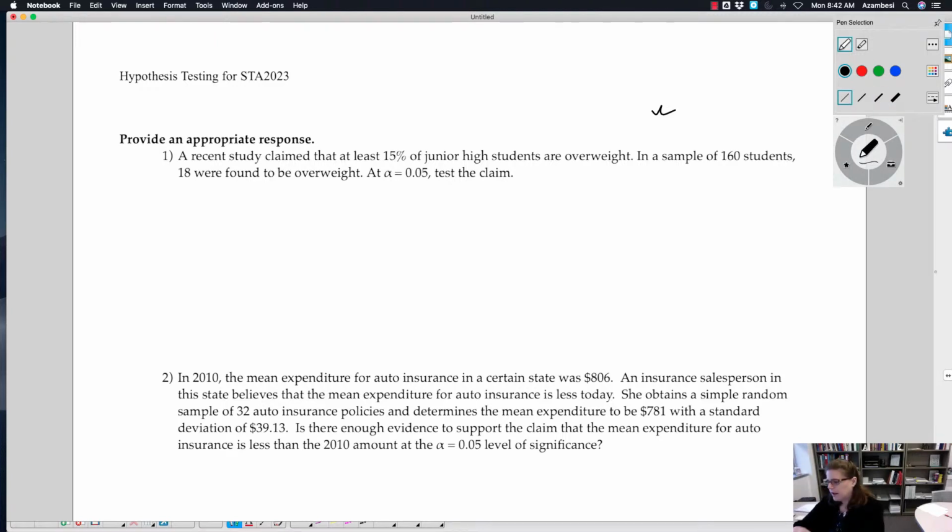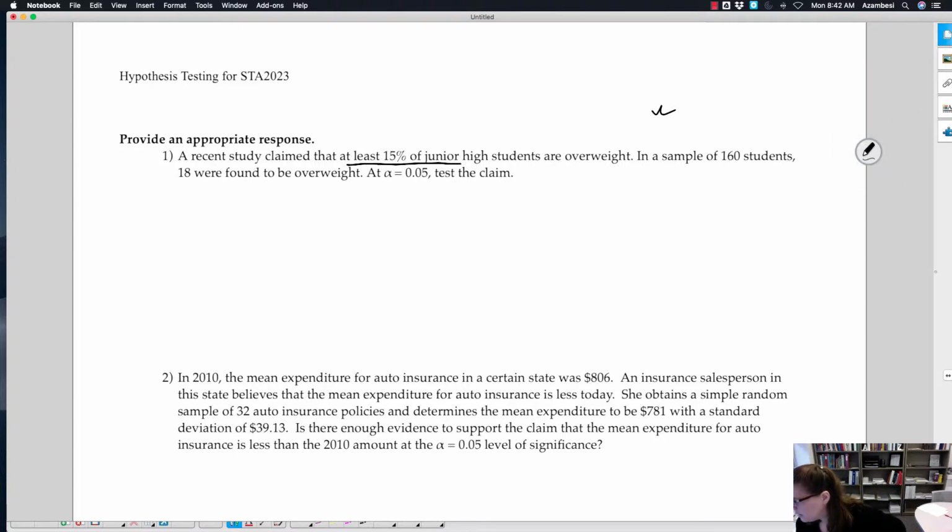All right, so if we're looking at this particular hypothesis test, it says 15% of junior high students. That's your first clue on what type of test this is. Anything that has to do with percentages is generally a population proportion test. The problem also says in a sample of 160 students, 18 were found to be overweight.